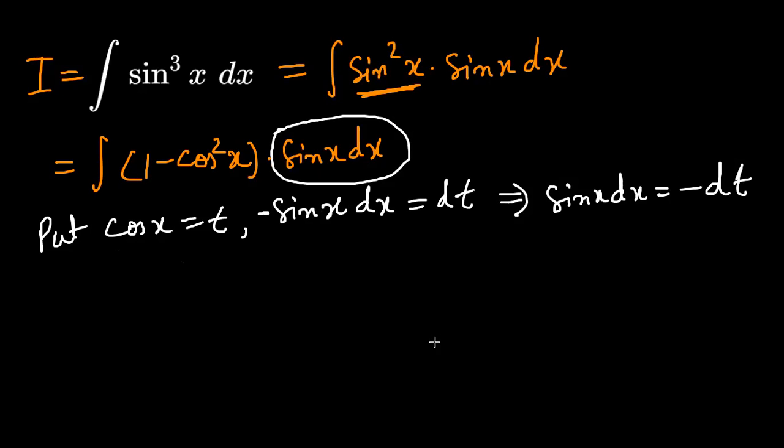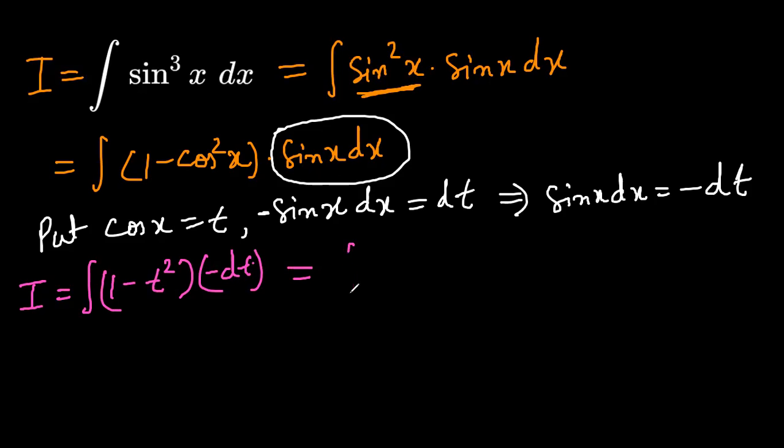Our integral now would look like this: integration of 1 minus t square, since cos x is t, and sine x dx becomes minus dt, so it is multiplied with this.